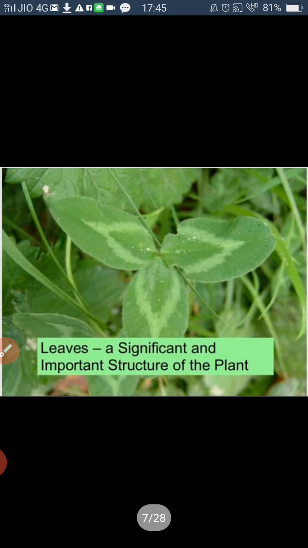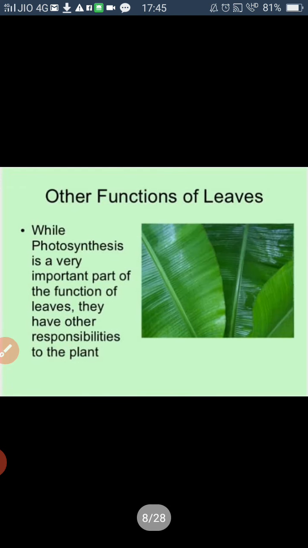Now, what are leaves? A significant and important structure of the plant, because of things like photosynthesis, the main process in the plant, that is how they prepare their food, so they are very important in the plant. Now, what are the other functions of leaf?